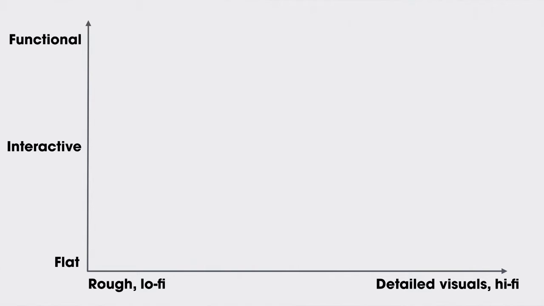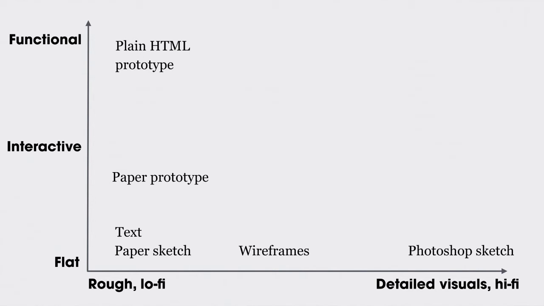One is more on the visual side. So on the one end, maybe just plain text, a paper sketch, and then you could have more detailed visuals like a Photoshop sketch, and also whether they are functional or not. So you could do a paper prototype, where you have different sketches and you move them according to what the user does, or a very plain HTML prototype with very basic styling.